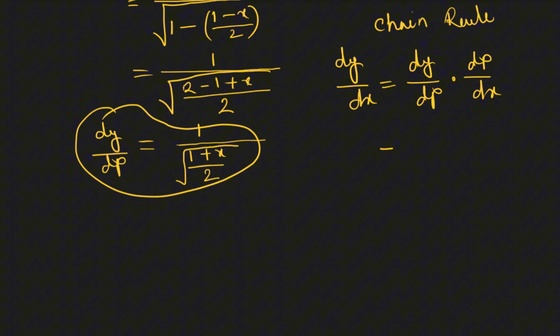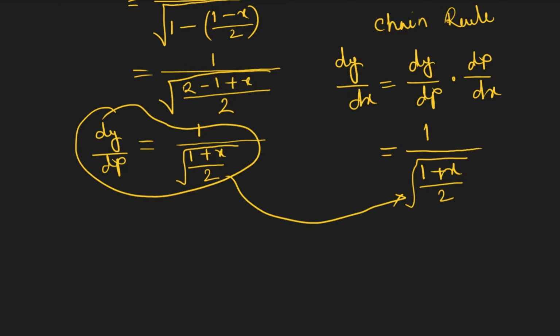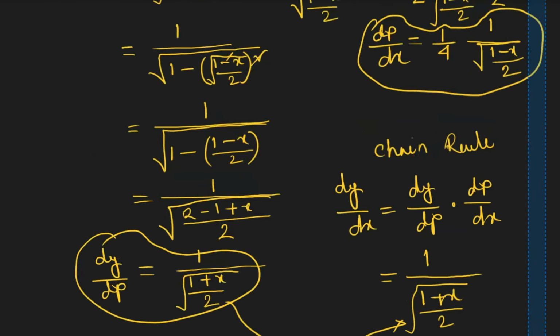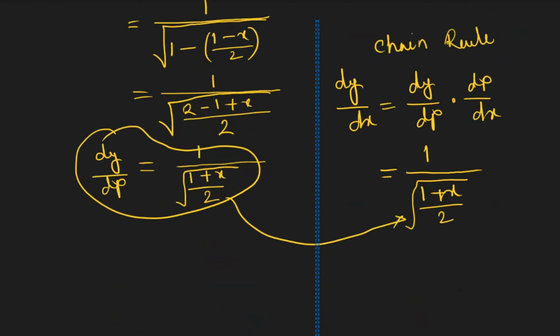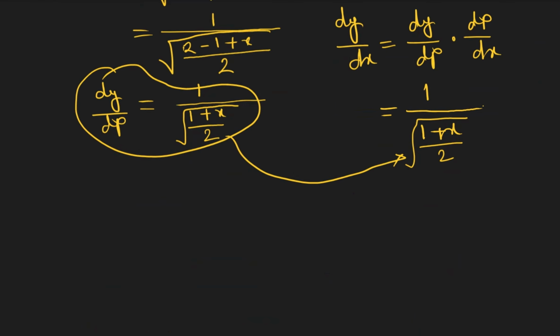Anyway, now plug in the value of dy by dp, that is 1 over square root of 1 plus x over 2, and dp by dx, that is 1 over 4 square root of 1 minus x over 2.